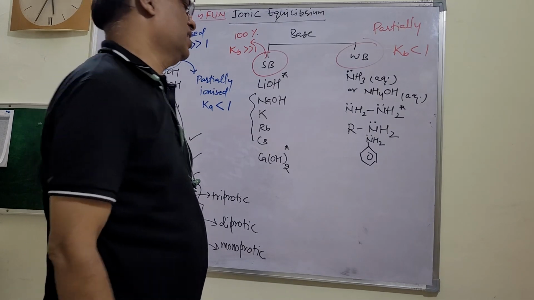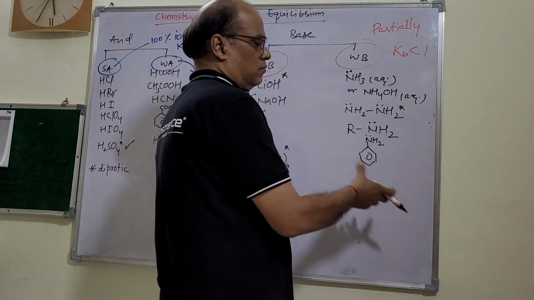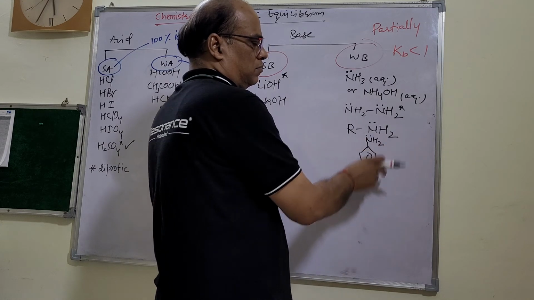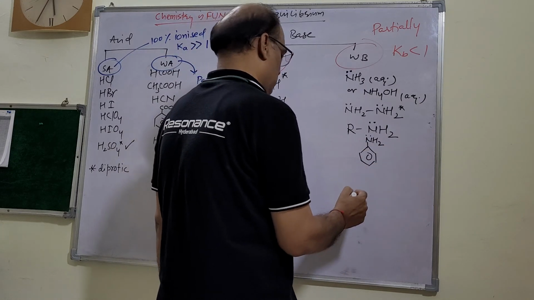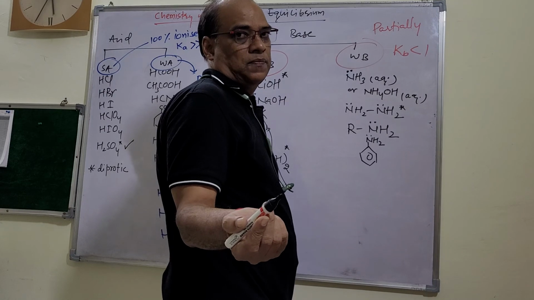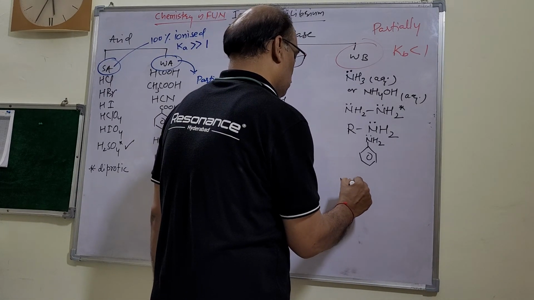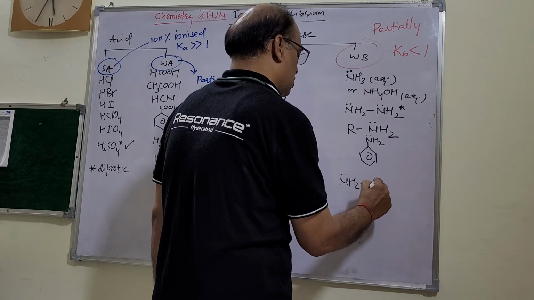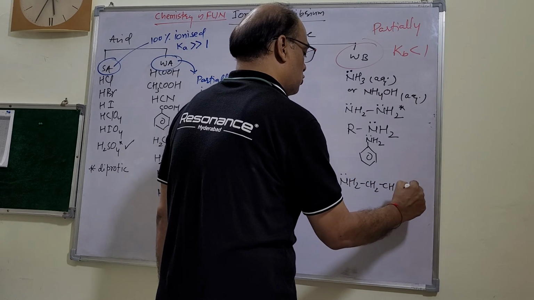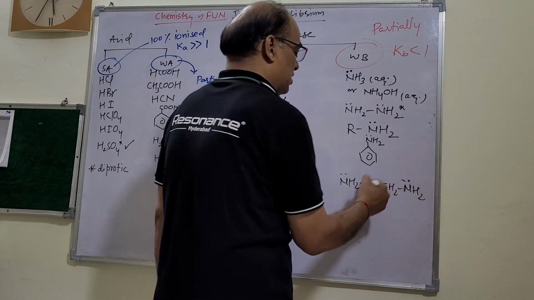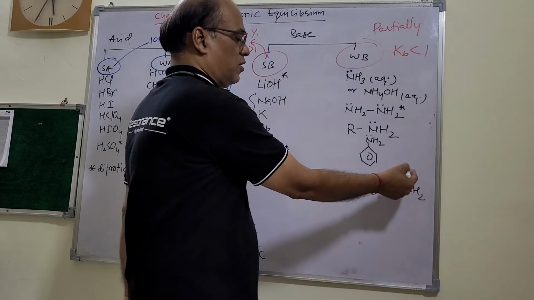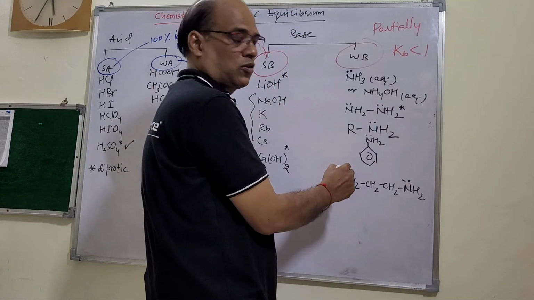They can give you some other base in the question that we have used in coordination compounds. So en they can use, NH2 lone pair, then CH2, CH2, NH2 lone pair. So basically it can capture 1 proton from here, and 1 proton from here.